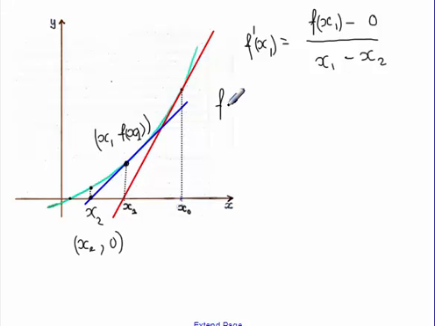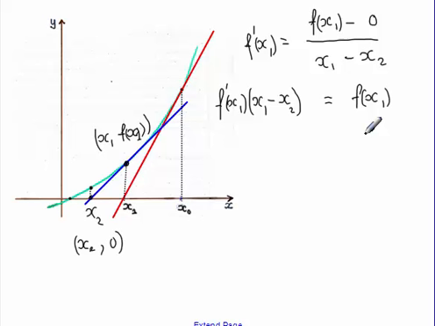Then we play around with our algebra again. Then we're going to have f prime at x1, brackets x1 minus x2, equals f at x1.